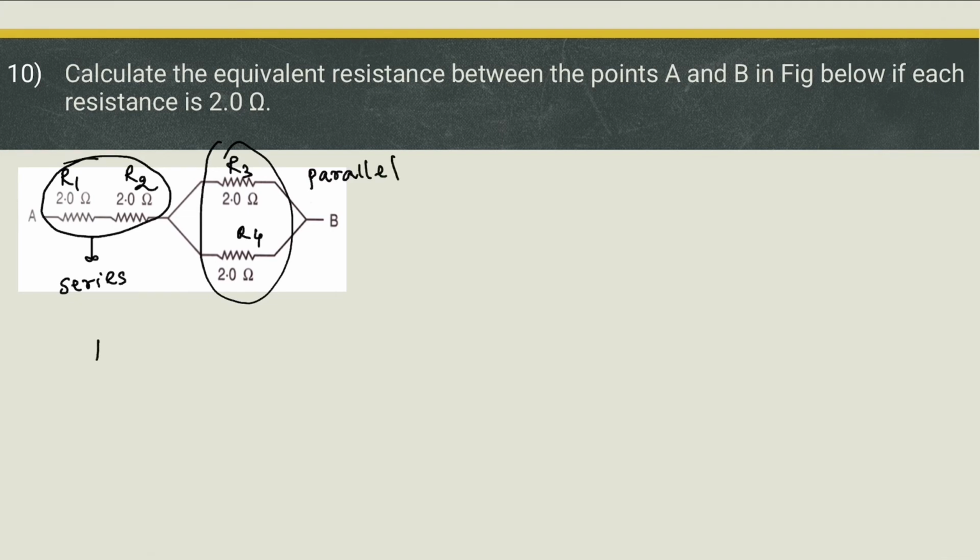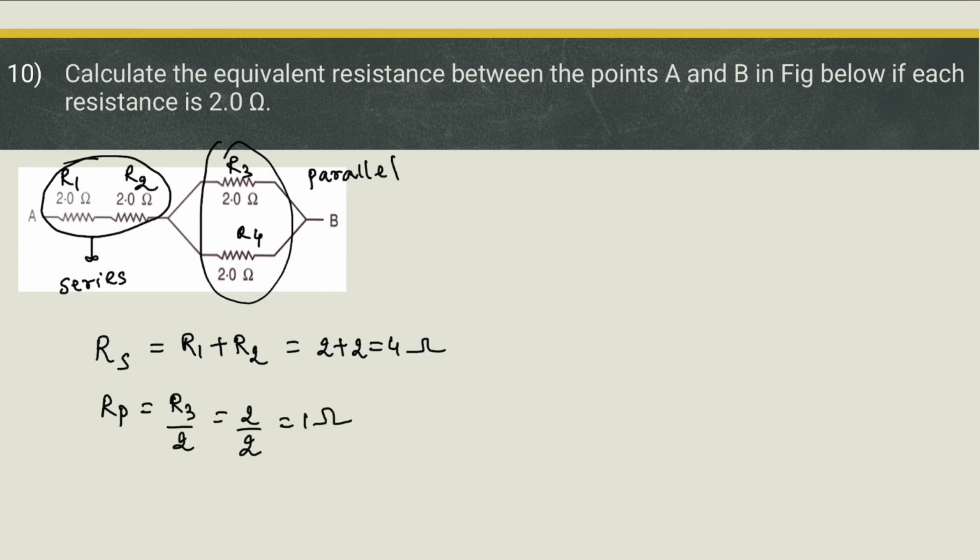So first we'll find out the equivalent resistance of the series connection. Then we will find out the equivalent resistance of the parallel connection. Okay, so let us first find Rs, that is R1 plus R2, 2 plus 2, 4 ohm, and for parallel connection Rp is equal to R3 by 2, 2 by 2, 1 ohm.